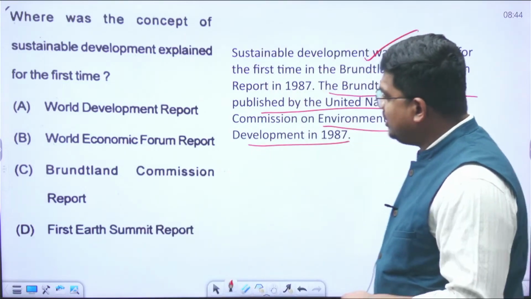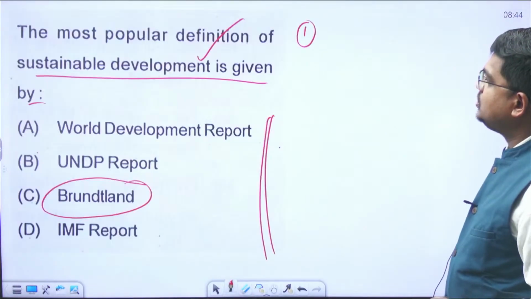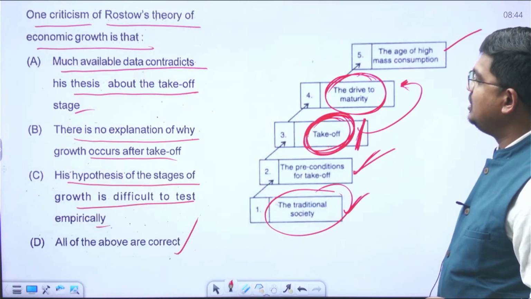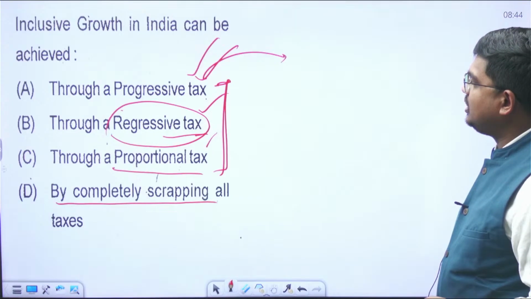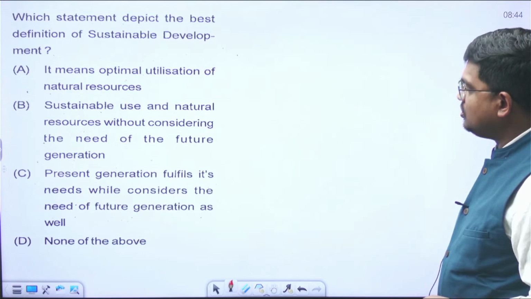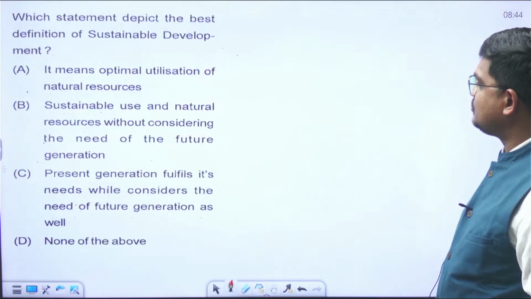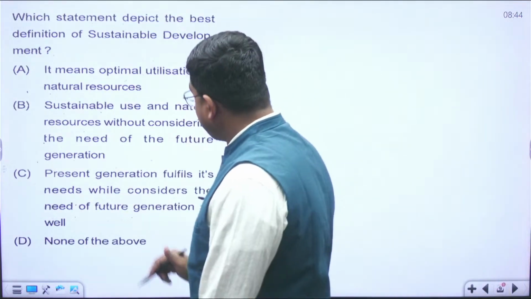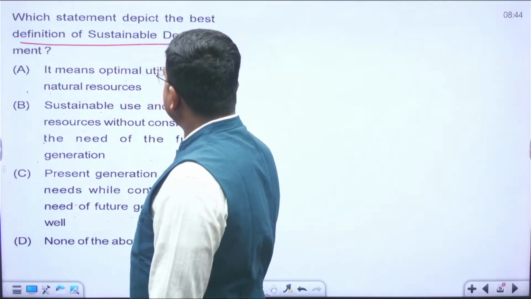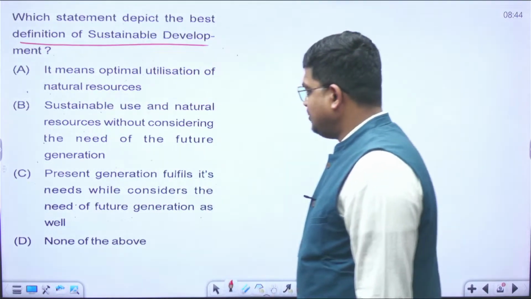So today we discussed economic growth as well as economic development. As I have already told you about the inclusive growth concept, I think I missed this question. Let me discuss it with you. This is again a definition of sustainable development based question.